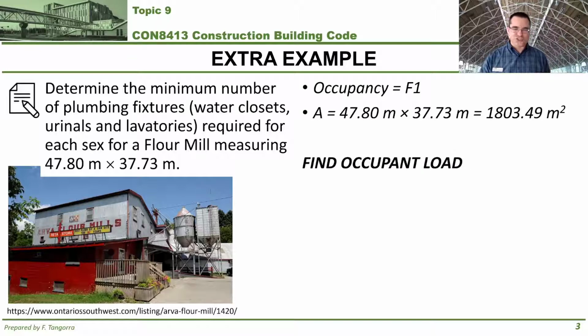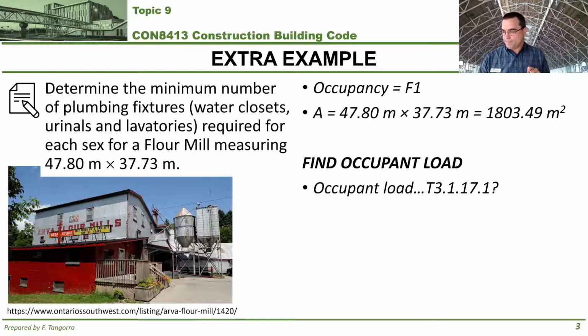According to the main lecture for this topic, are we supposed to use table 3.1.17.1? In this case, yes, because this is not a D occupancy, right? You cannot use that table if the occupancy you're looking for is a D occupancy. Great.